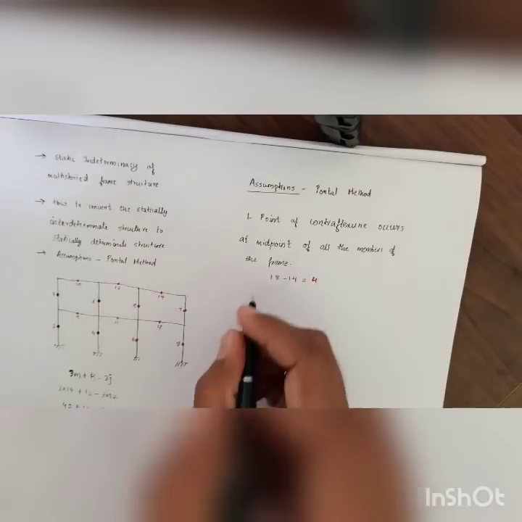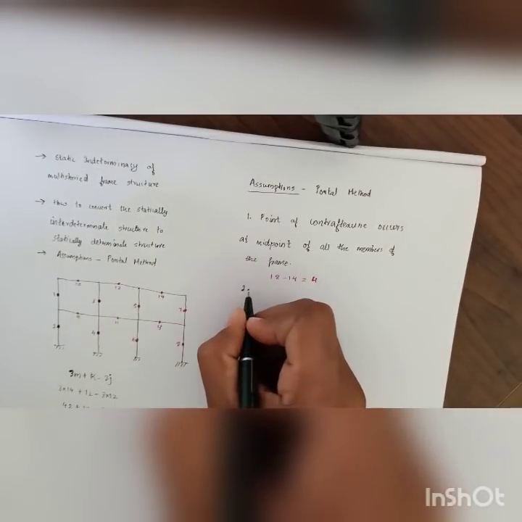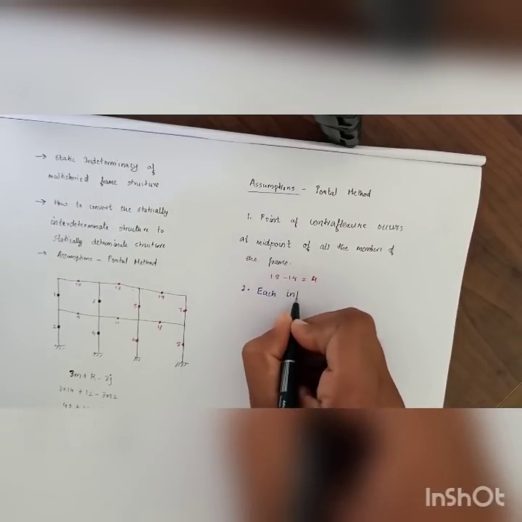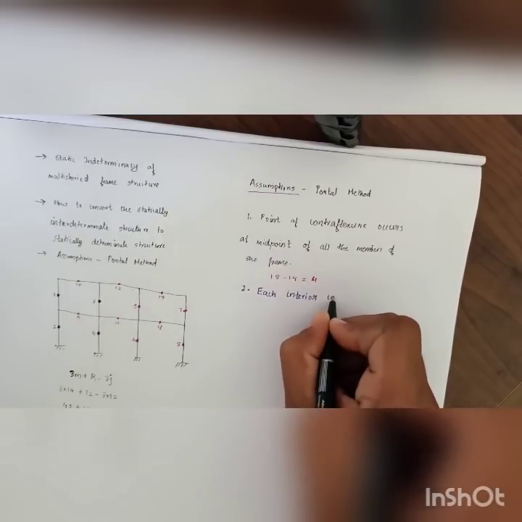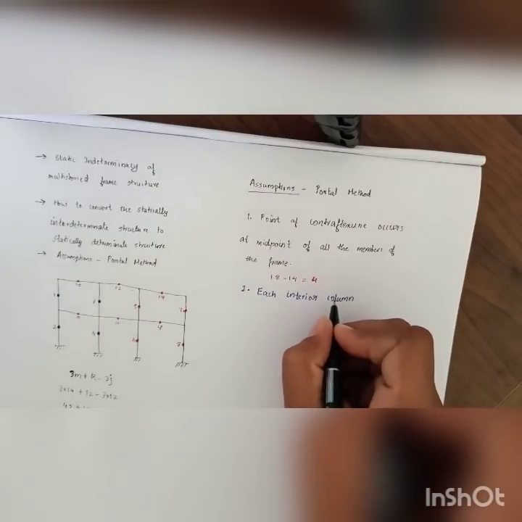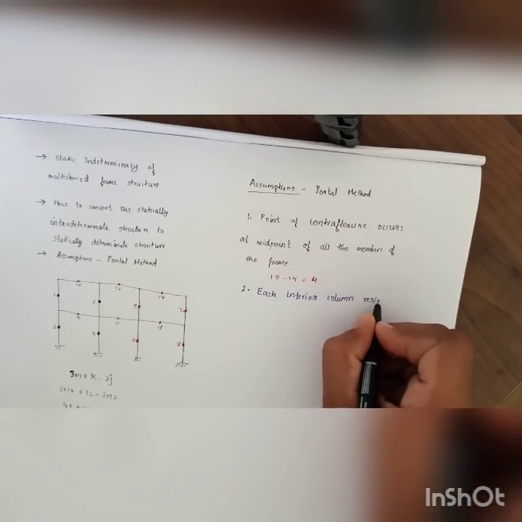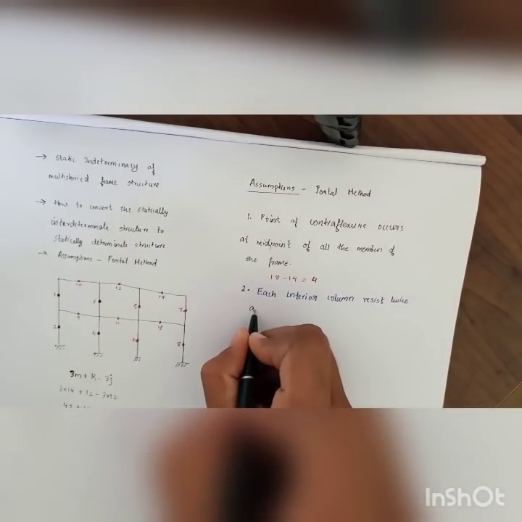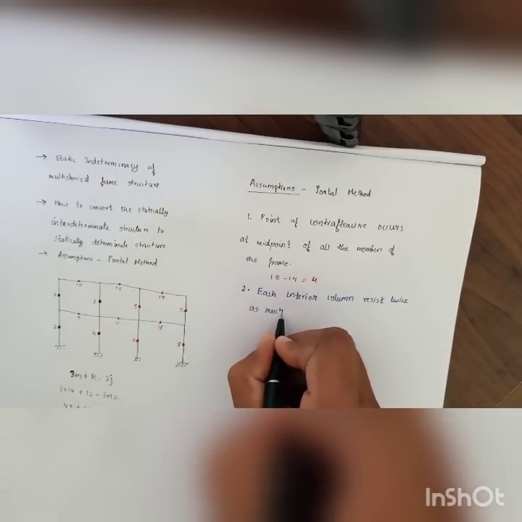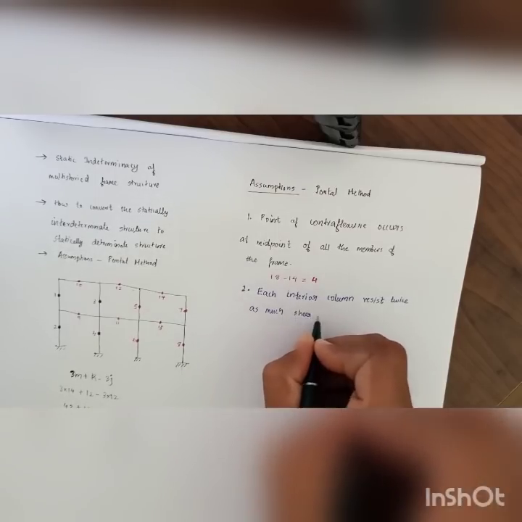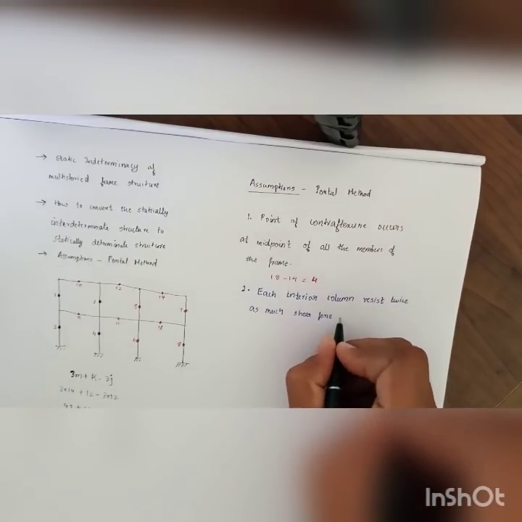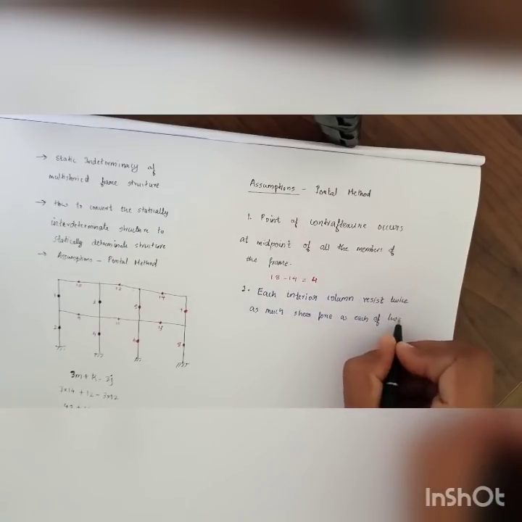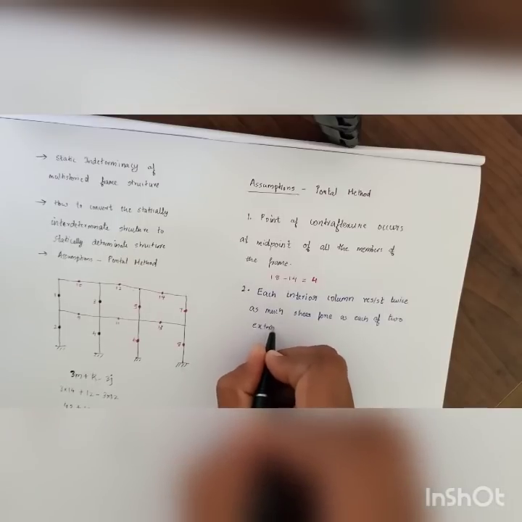So what is the second assumption? The second assumption is each interior column resists twice as much shear force as each of the two exterior columns.